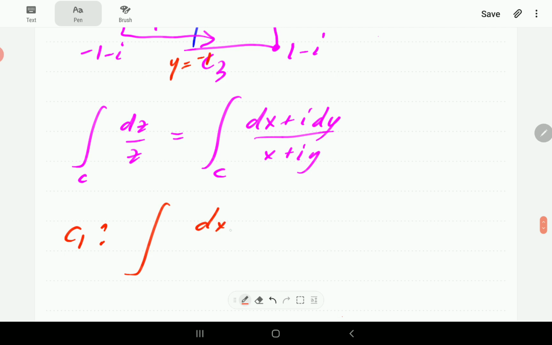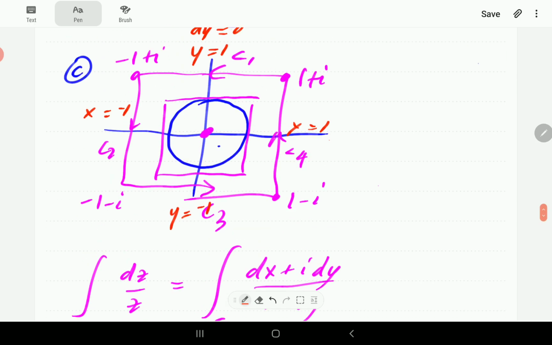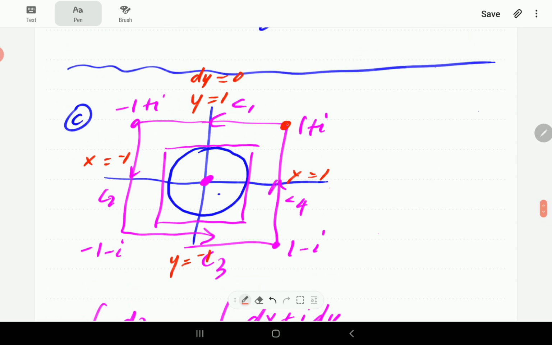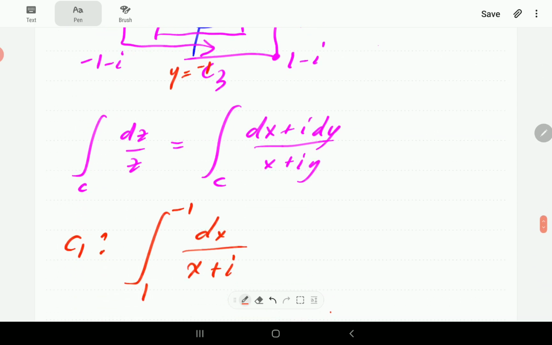So we have the integral of dx over x plus i, where x is going from 1 to -1. X is 1 here, and x is -1 there. Now remember that i is a constant, so this is just ln of x plus i from 1 to negative 1.